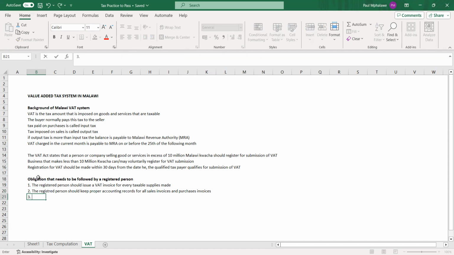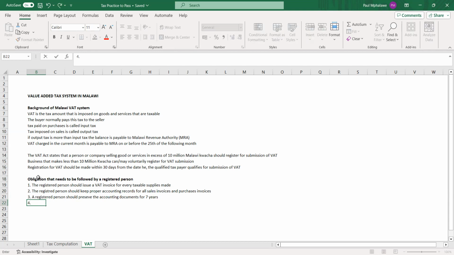Number three, a registered taxpayer should preserve the accounting documents for 7 years. Okay, those are the obligations.